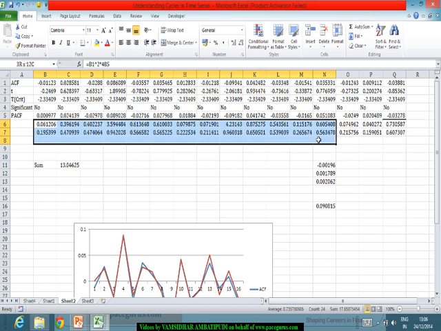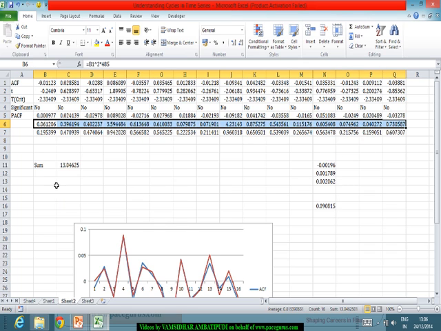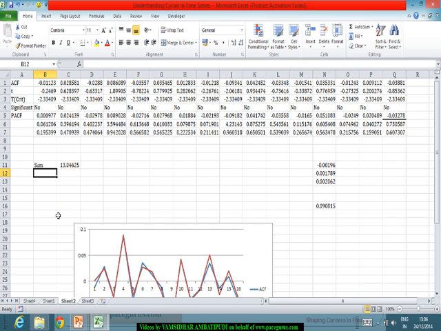Now the individual degrees of freedom is 16. So I'll try to find out the probability that is associated with this particular value.